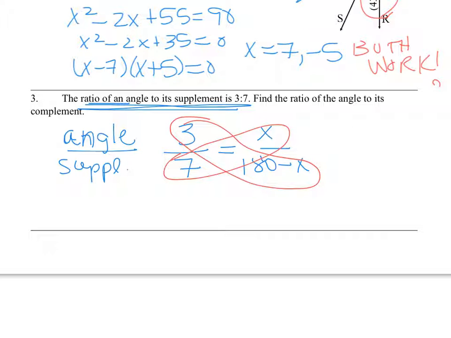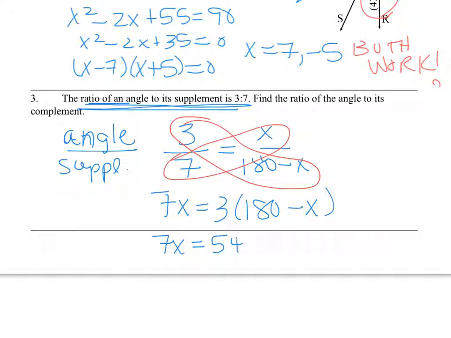Cross-multiplication gives us that 7x is equal to 3 times 180 minus x. So 7x equals 3 times 180, which is 540, minus 3x. 10x is 540. That makes x equal to 54. But the question is, what's the ratio of the angle to its complement?